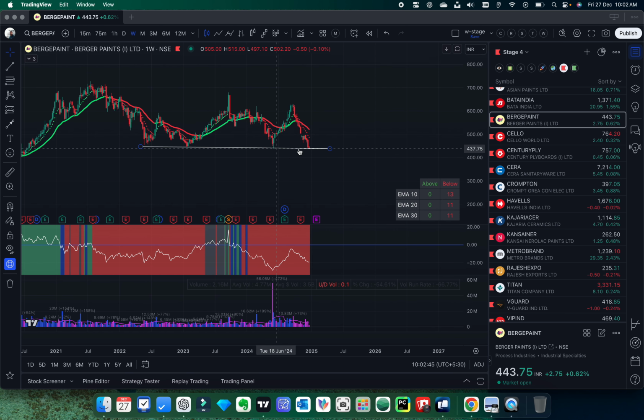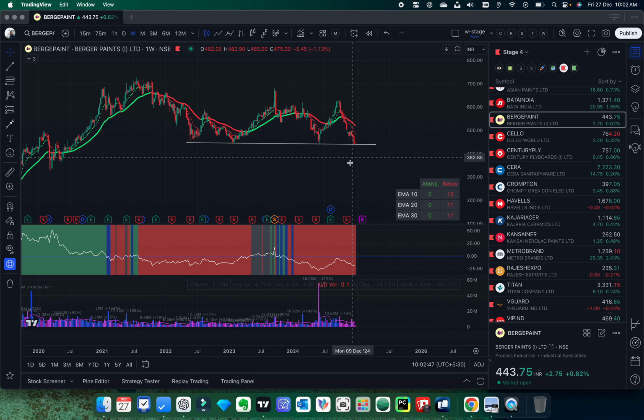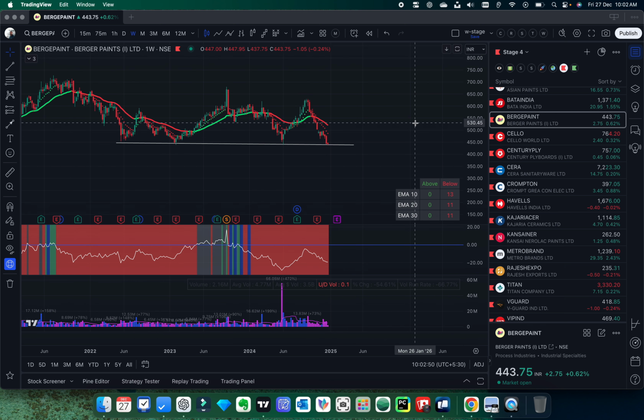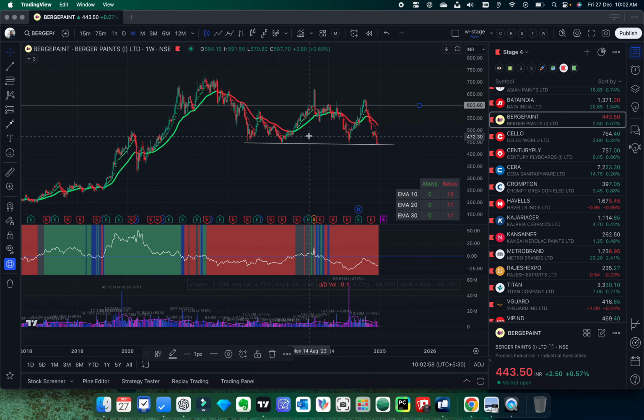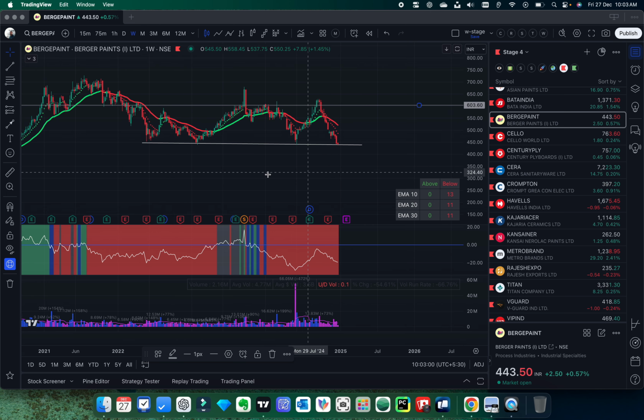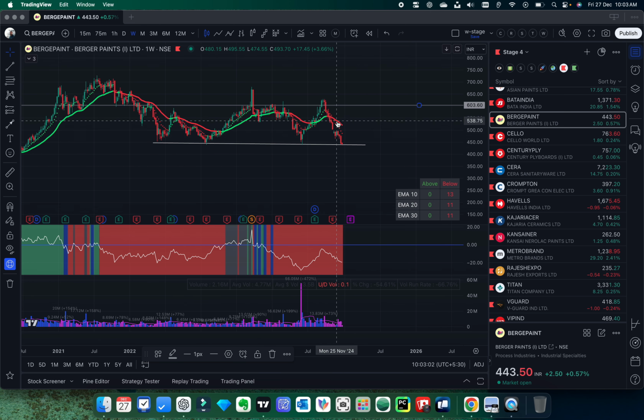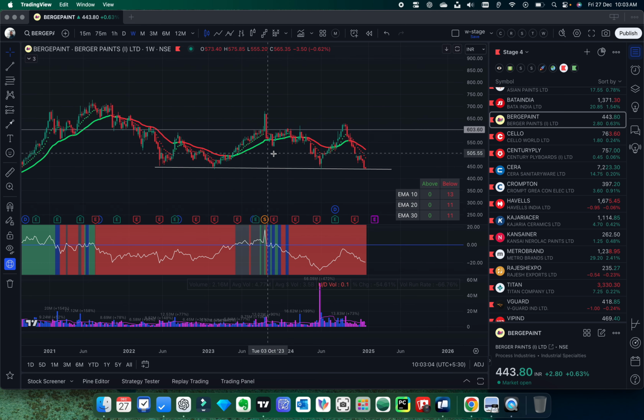A well defined support here, and it is in the downtrend. So maybe a stage 1 we can say, and if it breaks out, so this is a very huge range actually. It has been consolidating within this huge range. So the entire base of this becomes a problem.